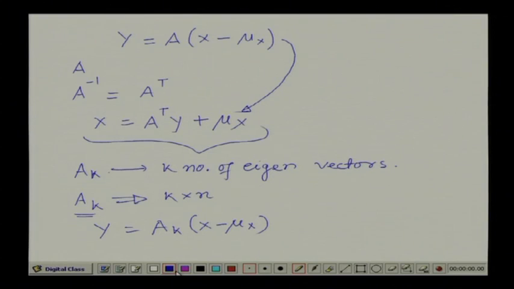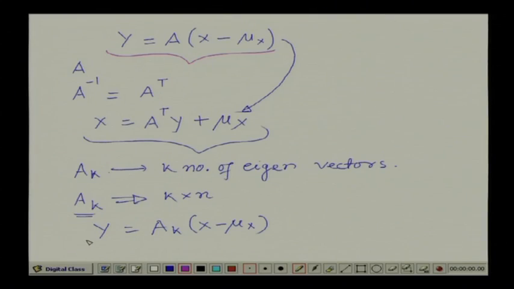Now, in our original formulation, the transformed vector y was of dimension n. But when I have made a reduced transformation matrix considering only k eigenvectors, using the same transformation, the transformed vectors y that I get are no longer of dimension n, but vectors of dimension k.